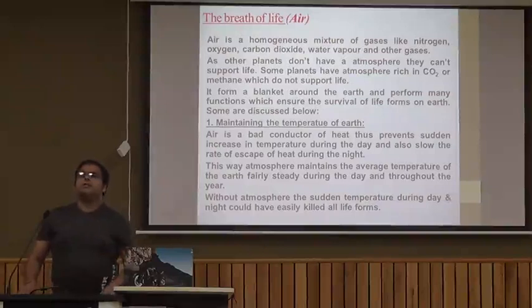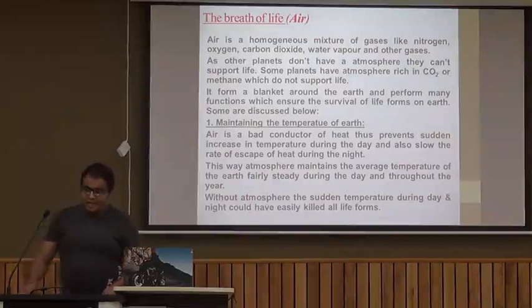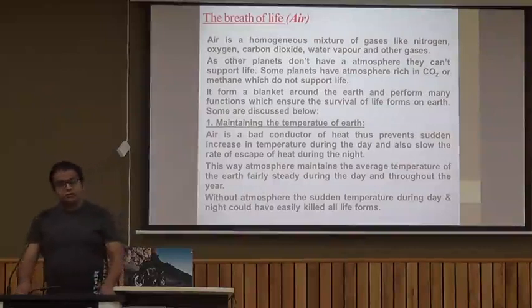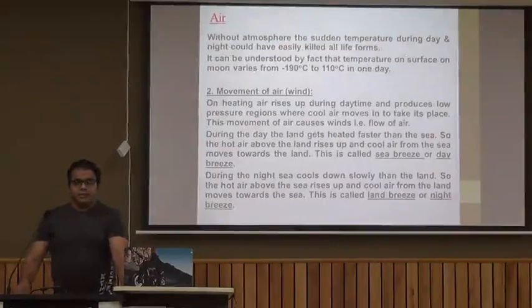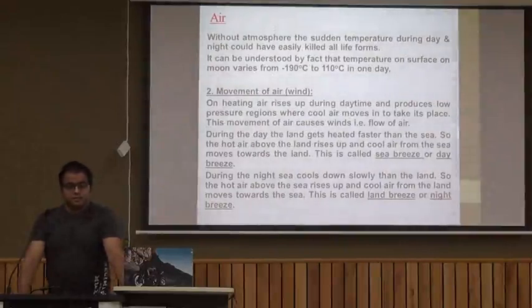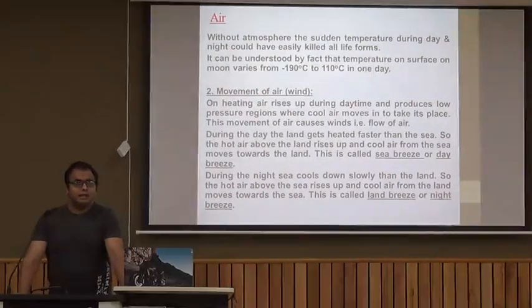Now we think of the moon. We should know that the moon has a very less dense, almost negligible atmosphere, and in case of the moon, because of atmospheric absence, there is a difference of temperature from minus 190 degrees C to 110 degrees C within a day.